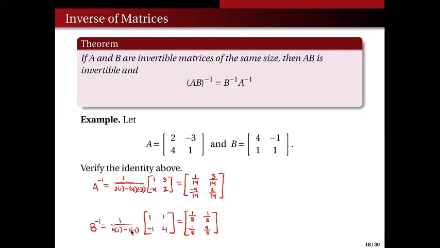Next, let us calculate AB. So let us multiply AB. We have here 2, negative 3, 4, 1. And then we multiply to 4, negative 1, 1, 1. I think this guy here we've solved. So let me just look at that again.